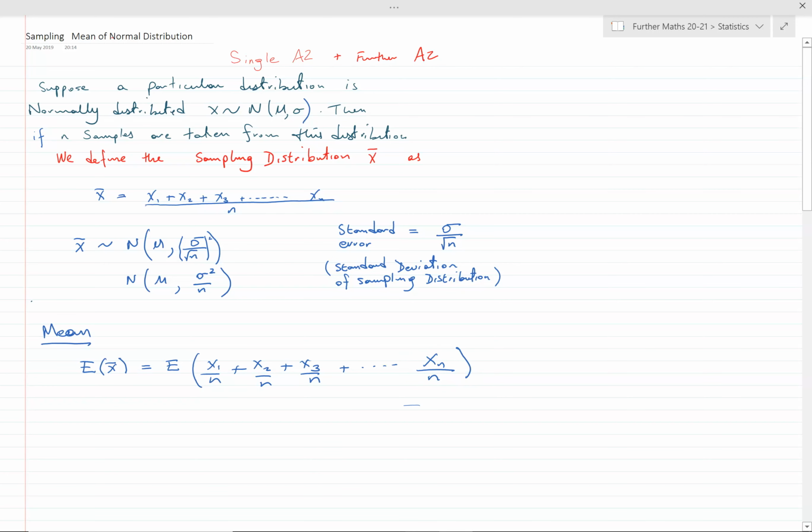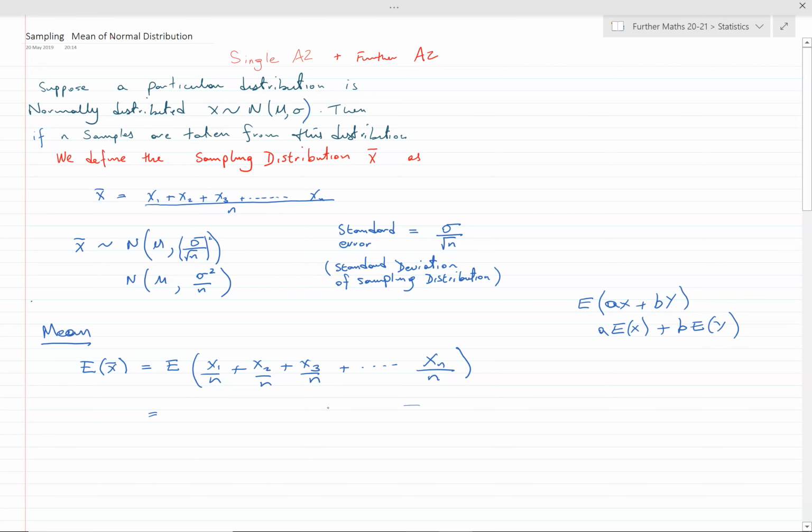Using normal expectation algebra, the expectation of ax plus by is equal to aE(x) plus bE(y).